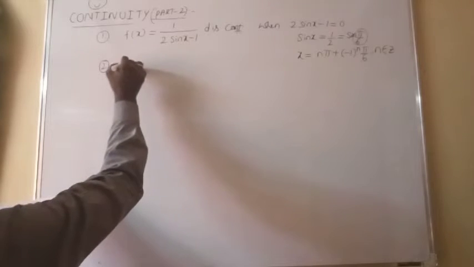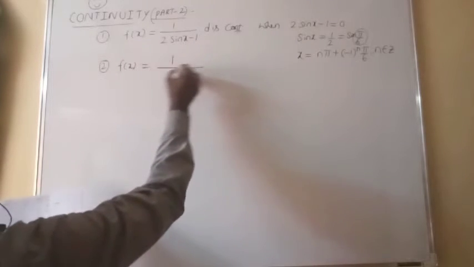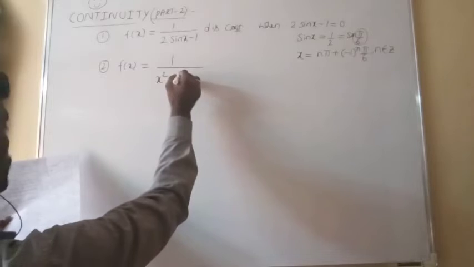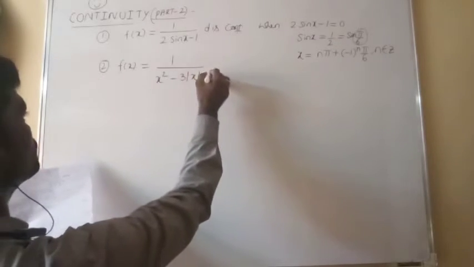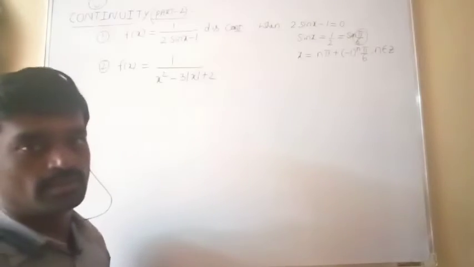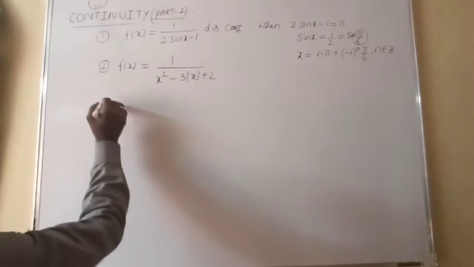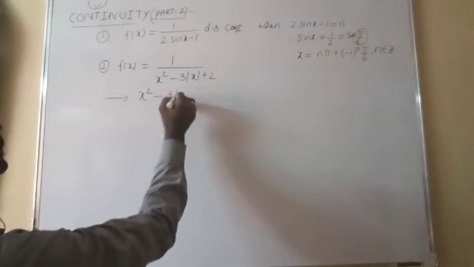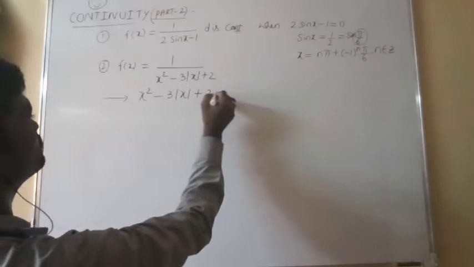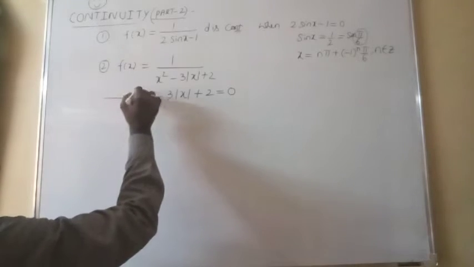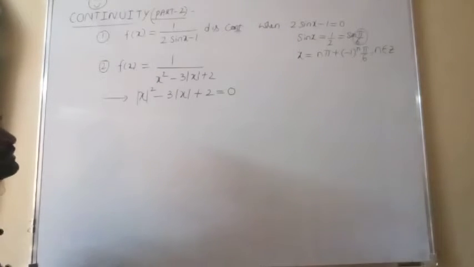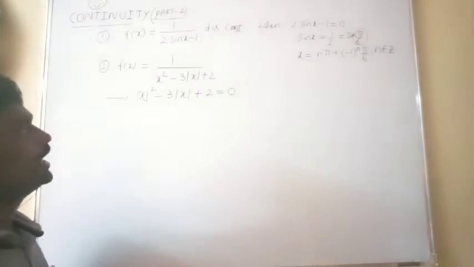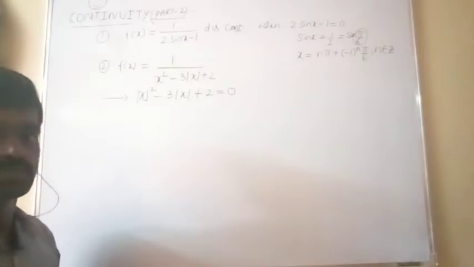Next, second question. f of x is equal to 1 upon x square minus 3 into mod x plus 2. So clearly this is also a discontinuous function when the denominator is 0. x square can also be written as mod x whole square.